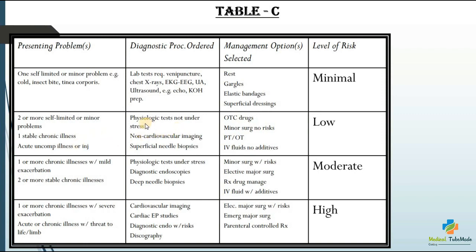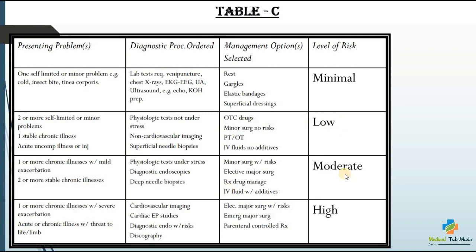And then here physiologic tests not under stress, non-cardiovascular imaging, superficial needle biopsy. See, superficial, not deep. Okay, OTC drug. OTC means over the counter drug. For that drug no physician prescription is needed. Then minor surgery with no risk factor. Then PT/OT, physiotherapy or occupational therapy, and IV fluids with no additives, means no drugs. So these all conditions come under low risk.